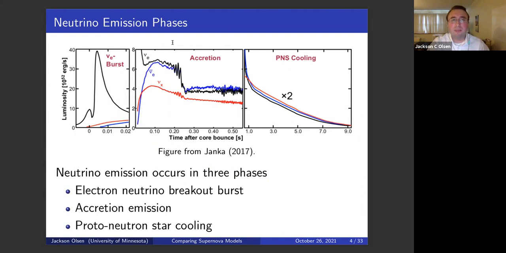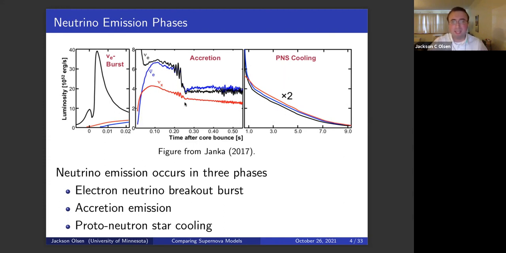And this phase tends to be model dependent, unlike the electron neutrino burst. This initial burst tends to be model independent. The accretion phase tends to be model dependent, and in particular, it depends on the progenitor structure for the model. So basically the density profile in the interior of the star has a big effect on this phase.